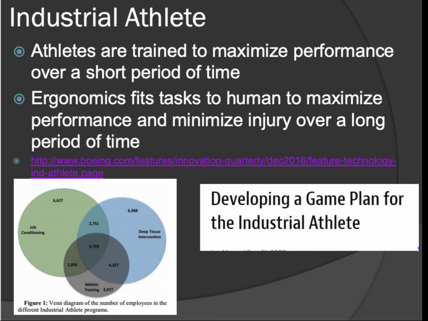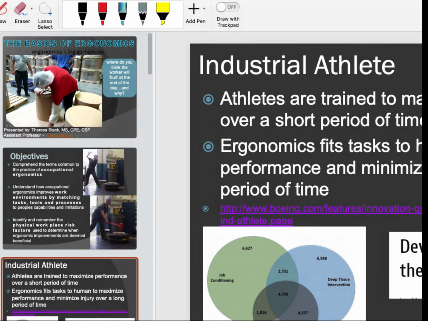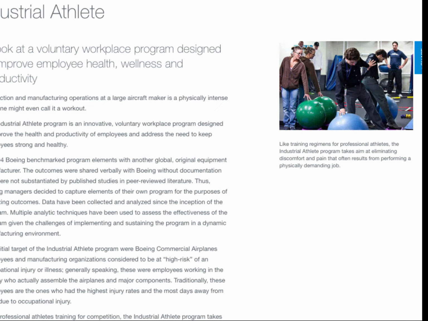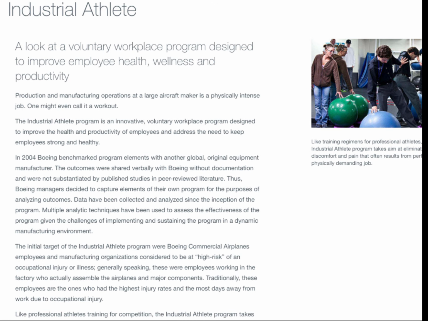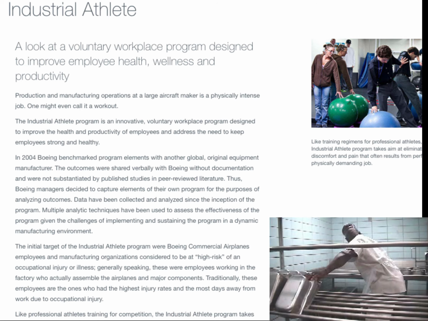When workers experience musculoskeletal signs and symptoms of developing a musculoskeletal disorder, so just pain or discomfort, they can be brought to an industrial athlete who will then provide job conditioning that's specific to their potential position.